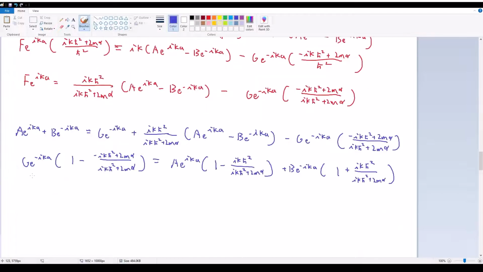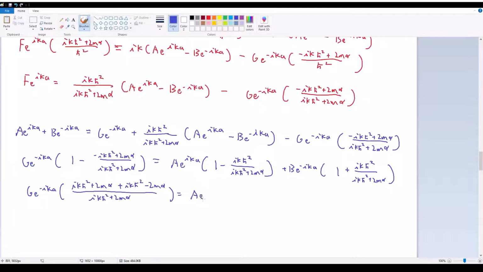Combining all these fractions together, I get g e to the negative ika multiplied by ik h bar squared plus 2m alpha, and then plus ik h bar squared minus 2m alpha, divided by ik h bar squared plus 2m alpha.